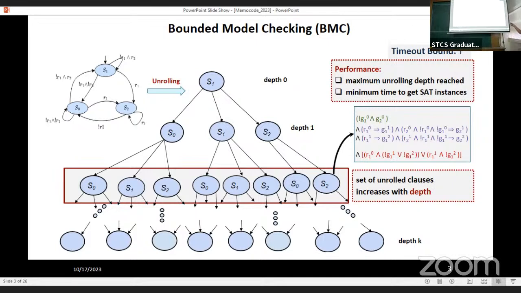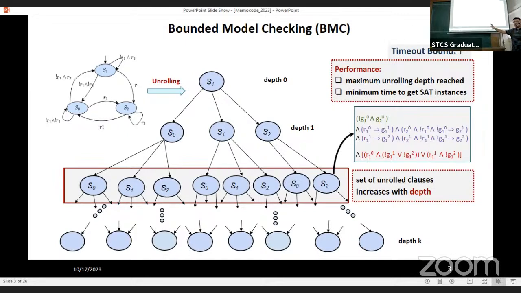So typically we talk about a timeout bound with which a user invokes such tools, and we measure the performance of a BMC engine with respect to one of two criteria. One, if it is able to get a counterexample, which means it's able to falsify the property. The way this happens is you take the specification and negate the property.